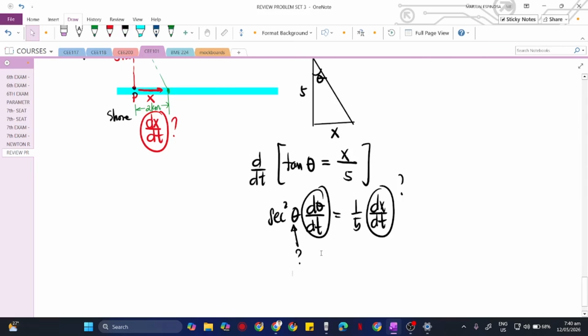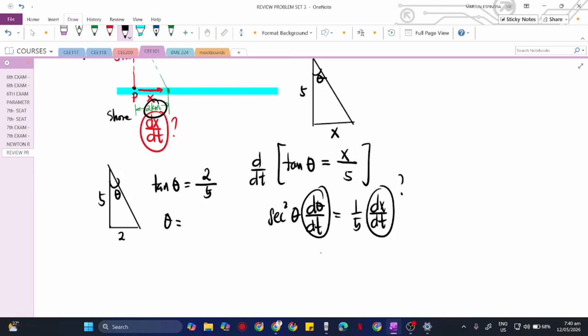So, where do we get theta? At the instant that our x is 2 kilometers, let's make the same triangle again. This is 5, this is 2, and we will get the value of theta. Tangent theta is equivalent to opposite, which is 2, over adjacent, 5.